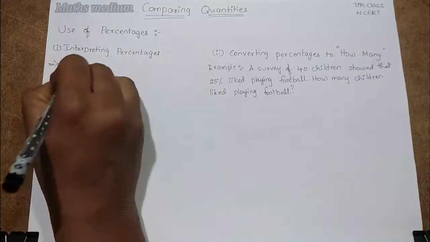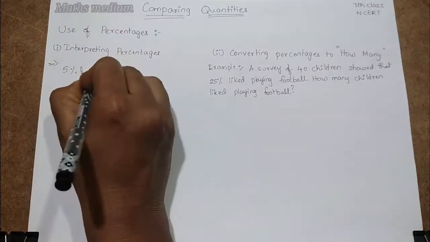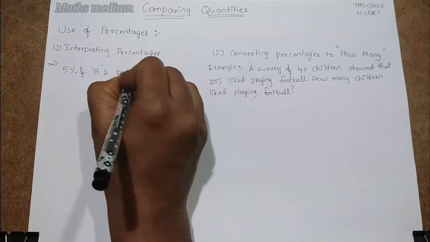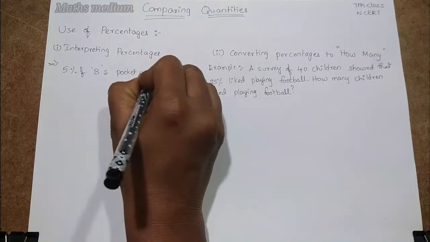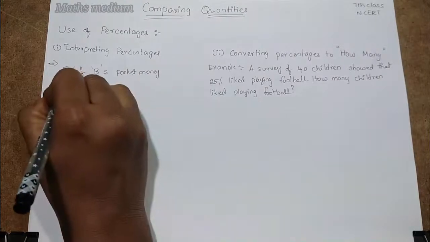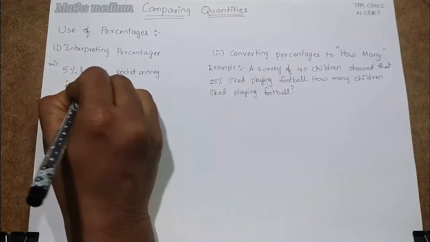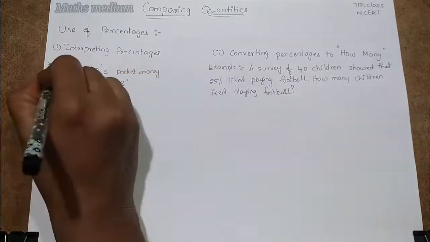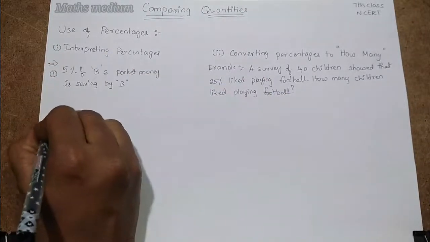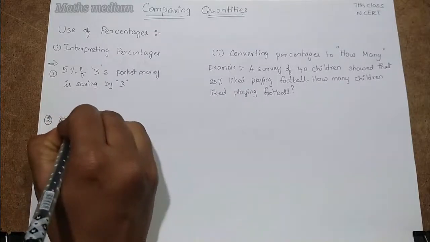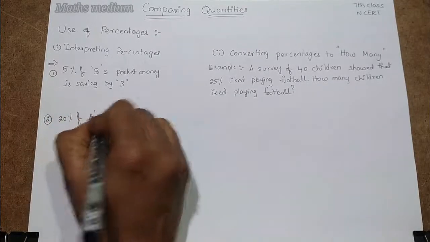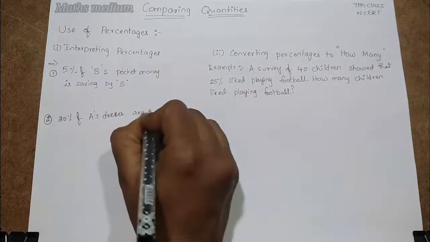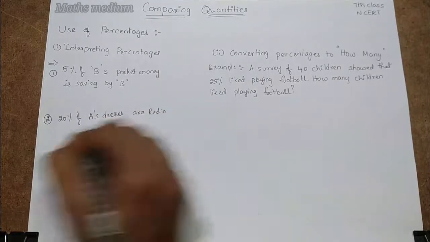Okay. If you take 5% of B's pocket money is saving by B, or this is the one, and second one is 20% of A's dresses are red in color.